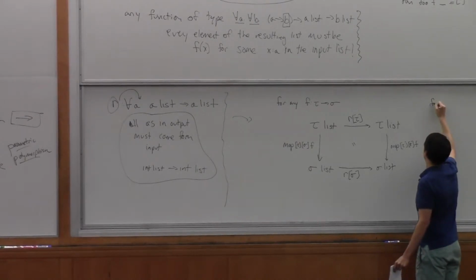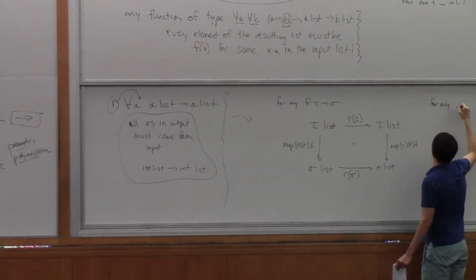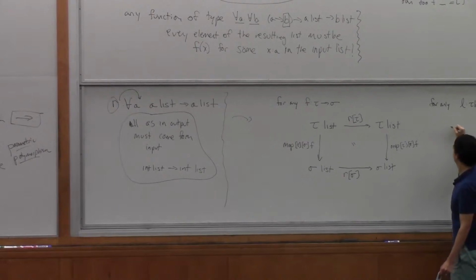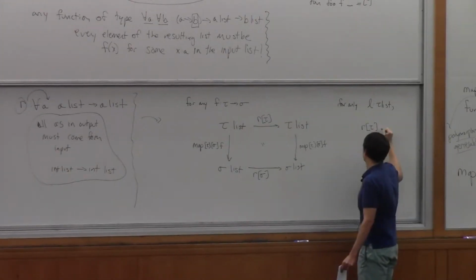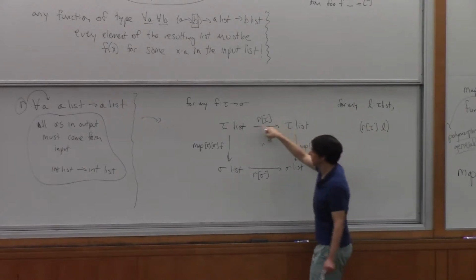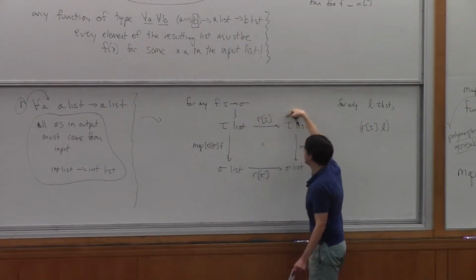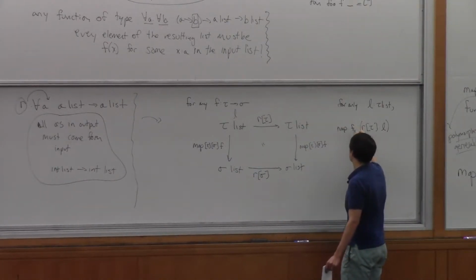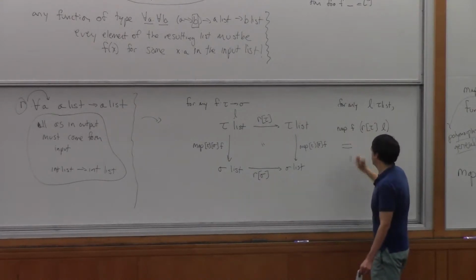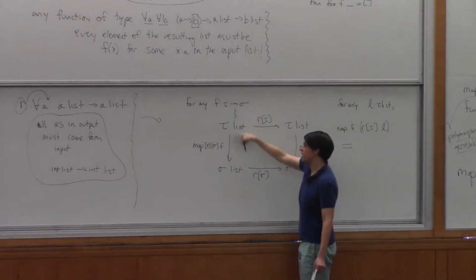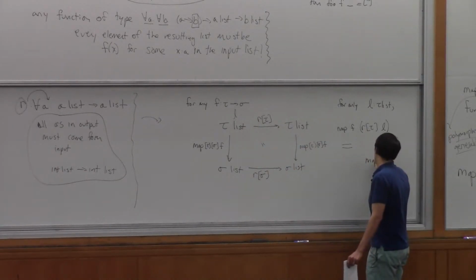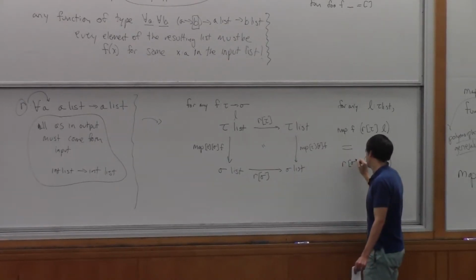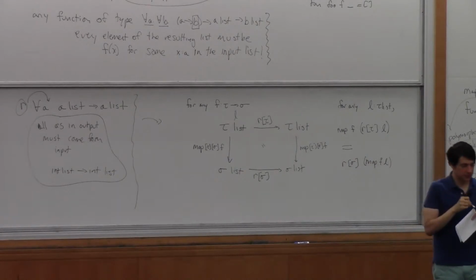It means that for any L of type tau list, we have that R of tau applied to L, right? So if I start with an L there, send it along that, and then send it along that, is the same as if I start with my L, send it along f, and then do R. Okay?